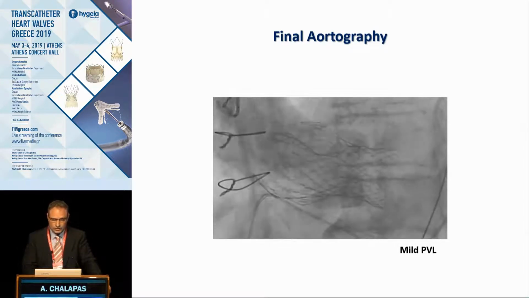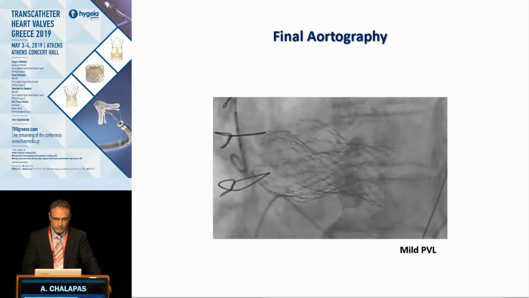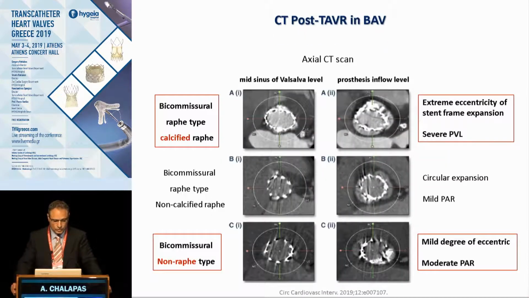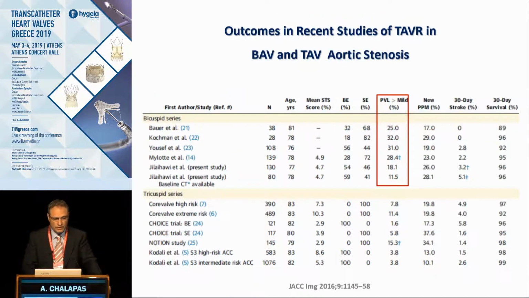So understanding the anatomy of the bicuspid valve is of crucial importance. We have a lot of data showing that the type of the true bicuspid valve, with existence or not of raphe, and the calcification volume can affect the centricity of stent frame expansion and therefore the incidence of paravalvular leakage.